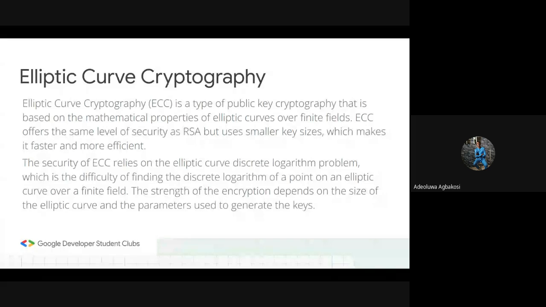The security of ECC relies on the elliptic curve discrete logarithm problem, which is the difficulty of finding the discrete logarithm of a point on an elliptic curve over a finite field. The strength of the encryption depends on the size of the elliptic curve and the parameters used to generate the keys.